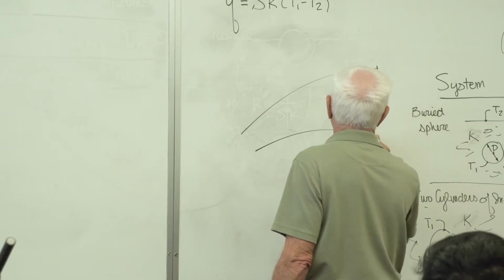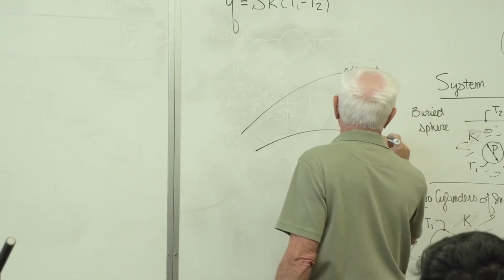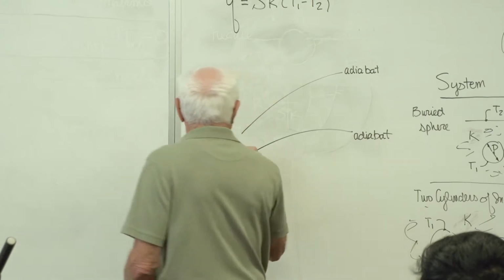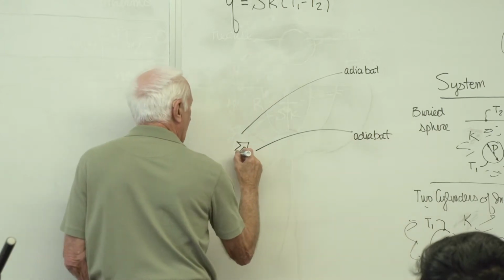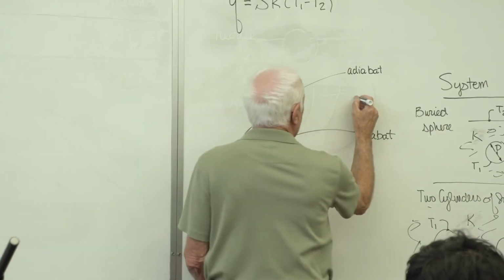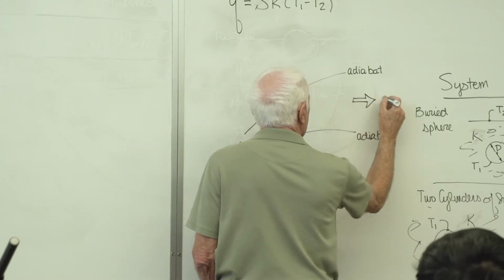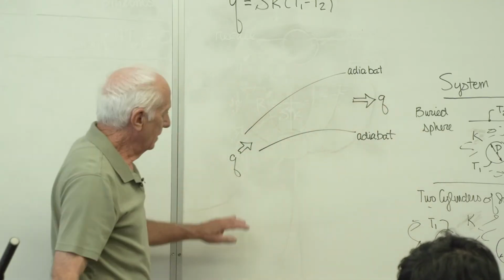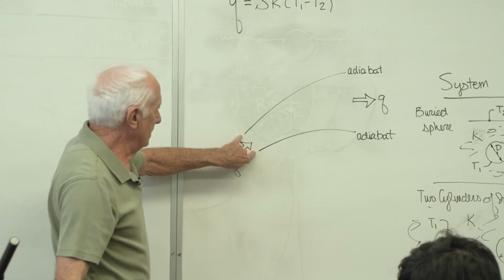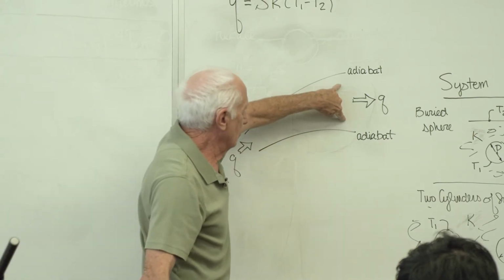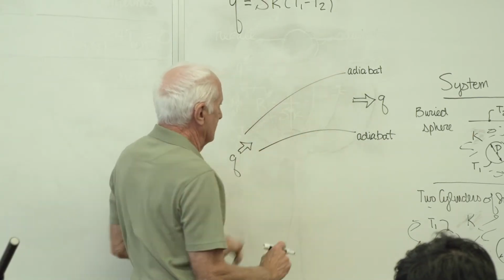This is an adiabat. Heat comes in here, heat goes out here. If 100 watts comes in here, 100 watts goes out there between those two adiabats.